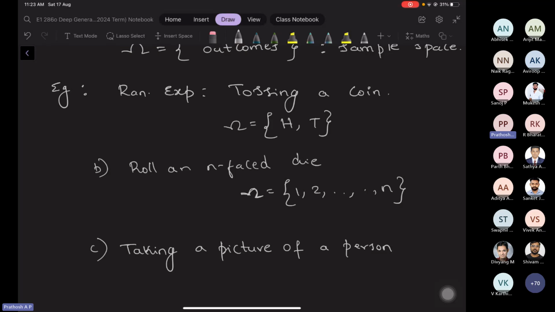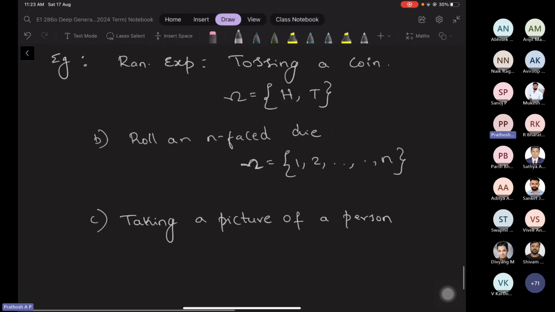Let me tell you what I mean by this. Imagine that there are infinite people, right? And you taking a particular sensor and shining light on a particular person and measuring the reflectance of that person becomes a random experiment.